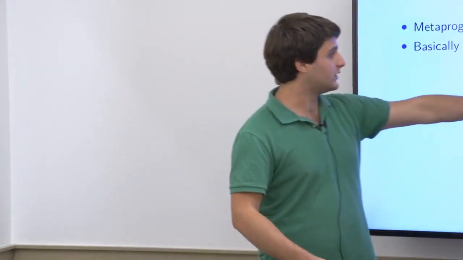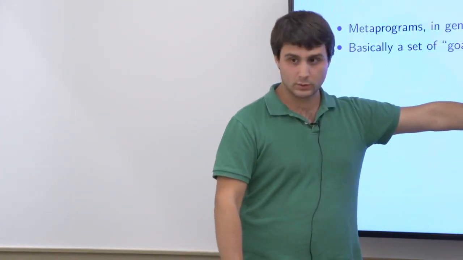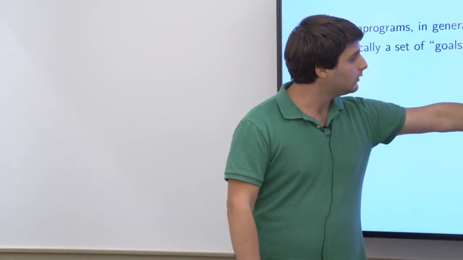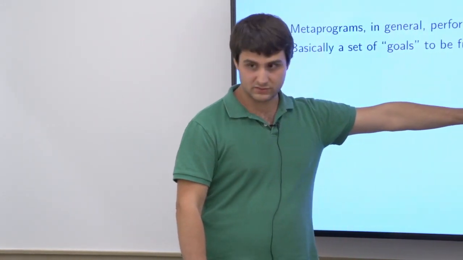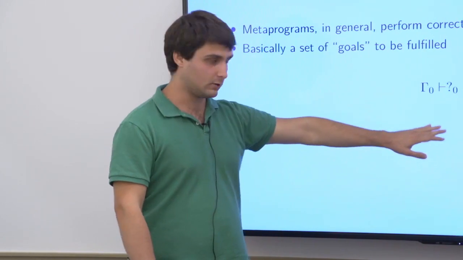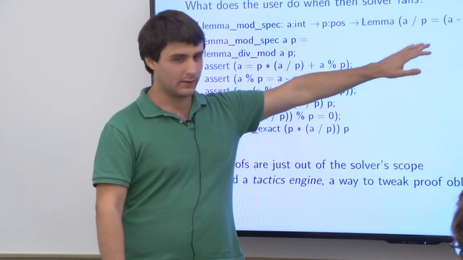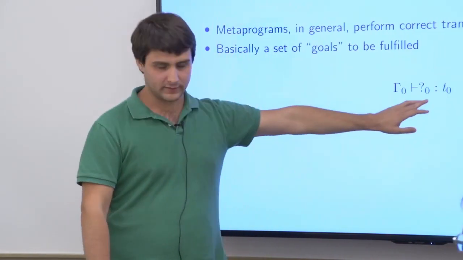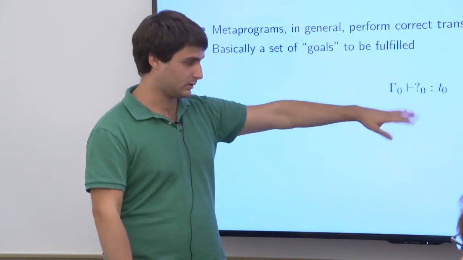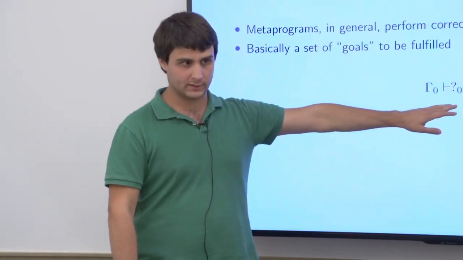So they're basically a set of goals. If we start with a single goal, such as this one, in context gamma 0, find me something of type T0. This could be a proof, right? I'm sketching a bit over, but trying to prove a lemma is more or less isomorphic to finding a term of a given type related to the lemma. So I'm just going to assume that all of the goals are typing goals.